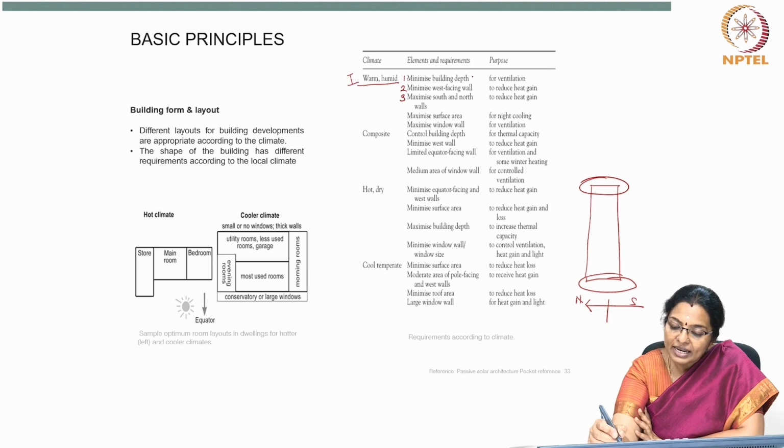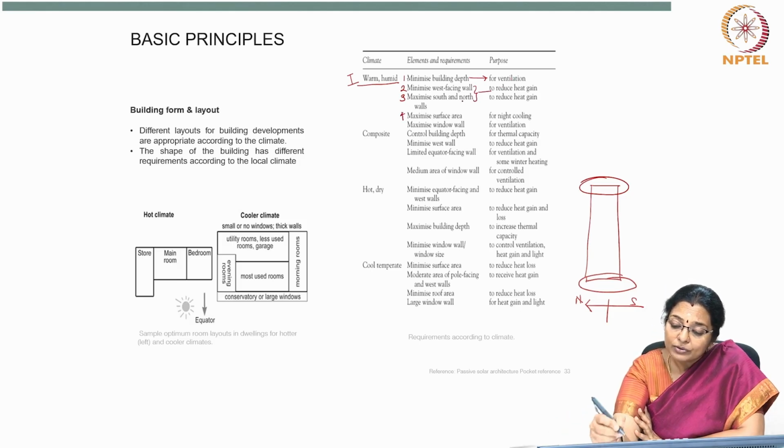Because of minimizing building depth, you will achieve good ventilation, and because of minimizing the west facing wall and maximizing north and south walls, you will reduce heat gain.